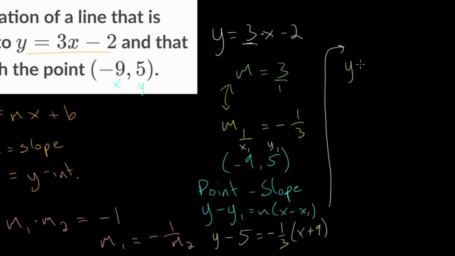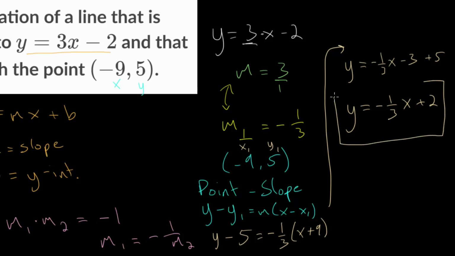We get that y is minus 1/3 x, and minus 1/3 multiplied by plus 9 would be minus 3. And we are adding 5 to all of that, so our final answer is minus 1/3 x plus 2. This is equal to y.